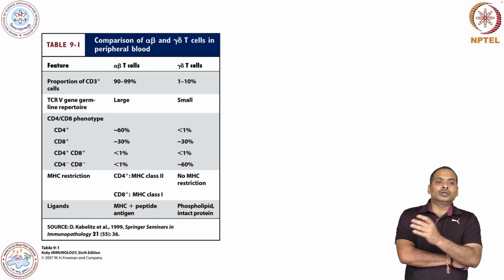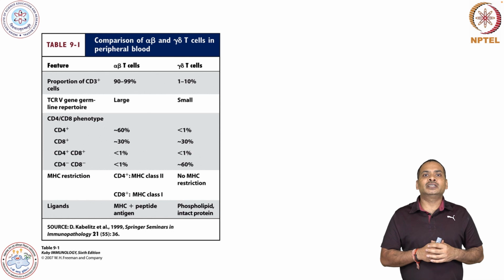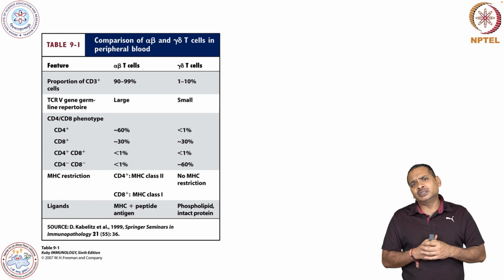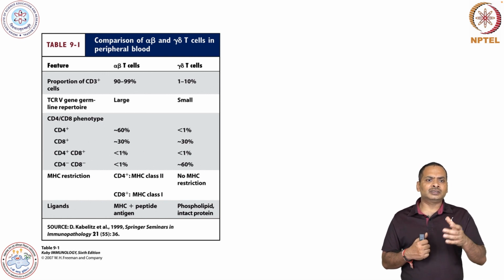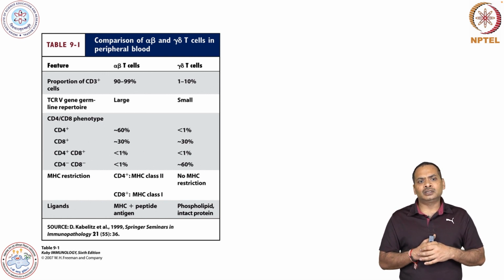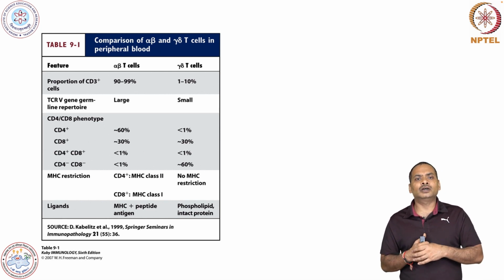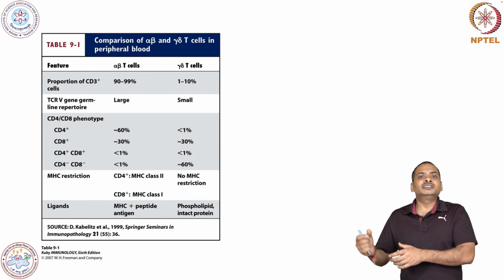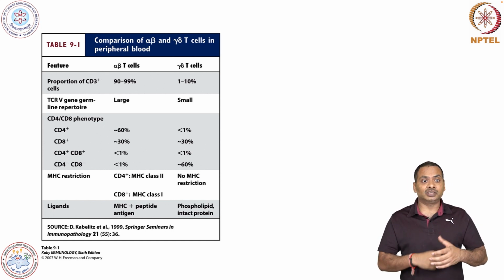Alpha beta T cells are the major proportion, about 90 to 99%, and only 1 to 10% are gamma delta T cells. Regarding the TCR V gene germline repertoire, in alpha beta it is large, and in gamma delta it is a very small repertoire. Not so many V genes are there in gamma delta. You will see this in a subsequent slide.